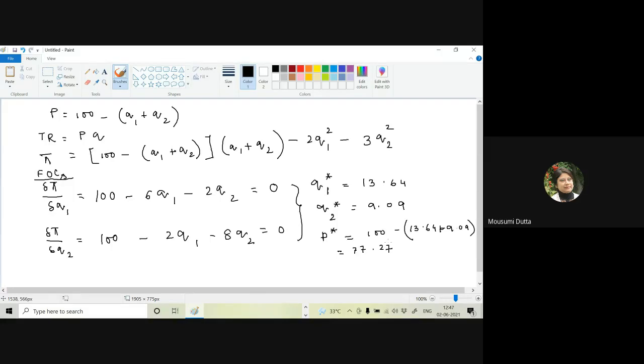Okay, and you will be able to determine the pi star too. So there is the profit equation. So you will be able to determine the price and profit.